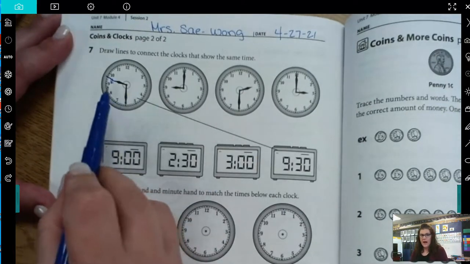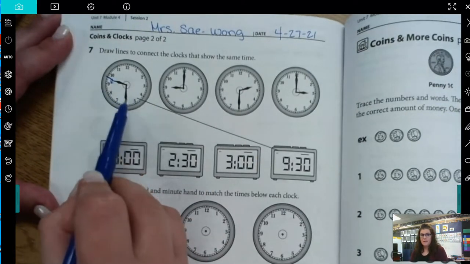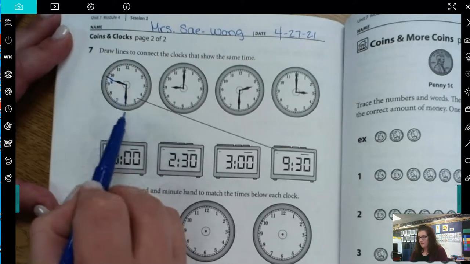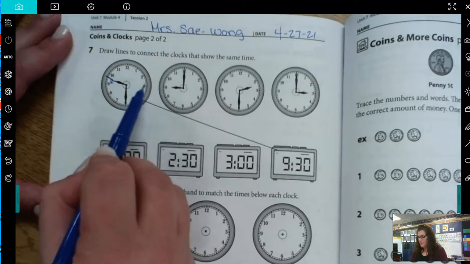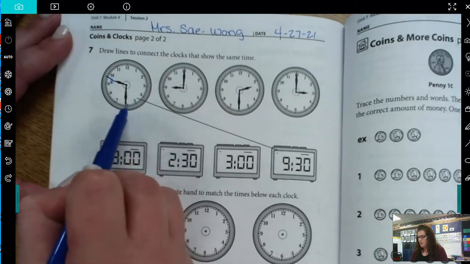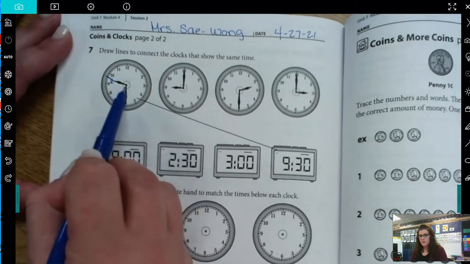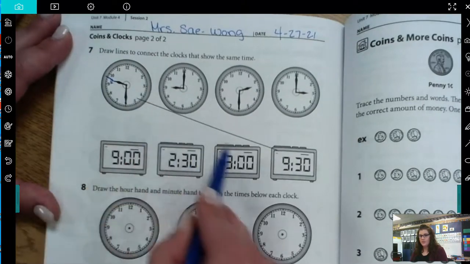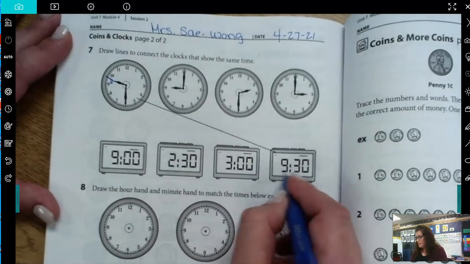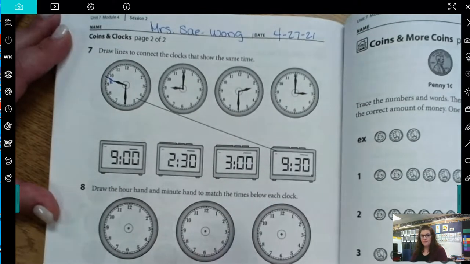This case, the hour is going to be 9, and that minute hand is at the 6. And remember, that means there's 30 minutes into the hour. Count with me. 5, 10, 15, 20, 25, 30. So the time on this clock is 9:30. So they drew a line for you to the digital clock that said 9:30.